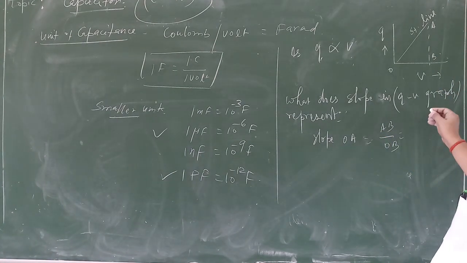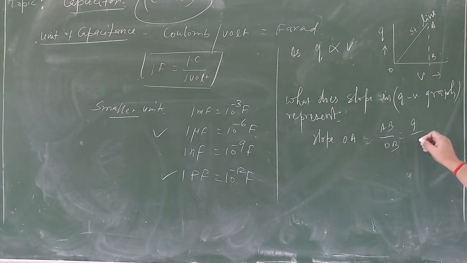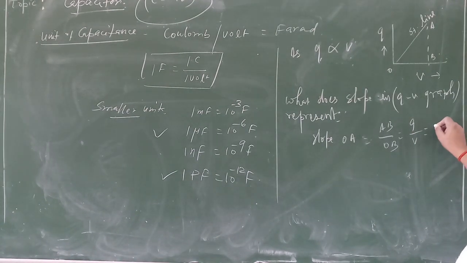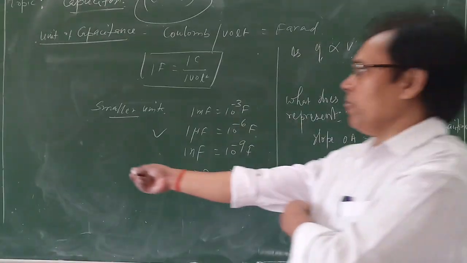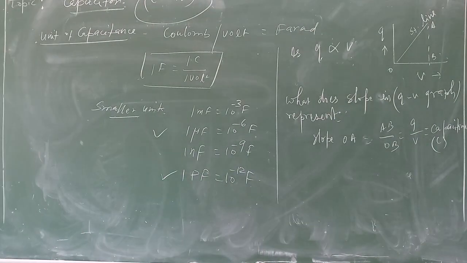AB is equivalent to Q and OB is equivalent to V. So it is charge by potential, and charge by potential is called capacitance C. So the slope in the QV graph represents the capacitance of a parallel plate capacitor. Note this down.